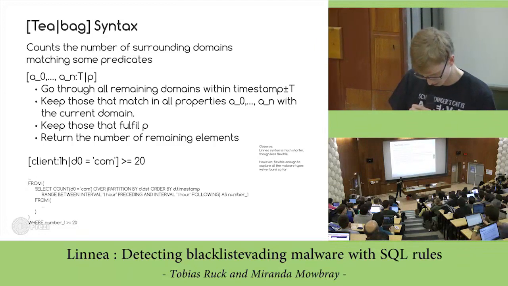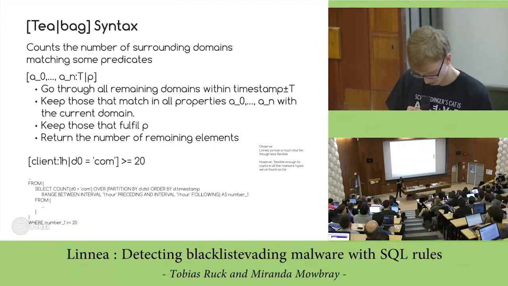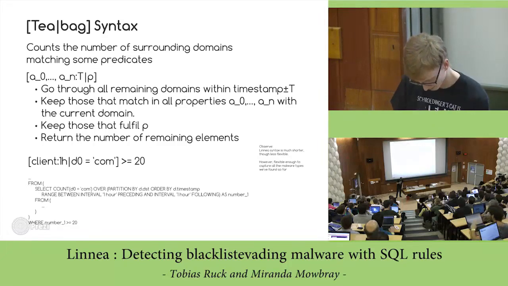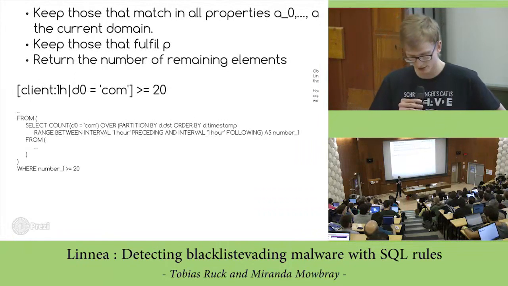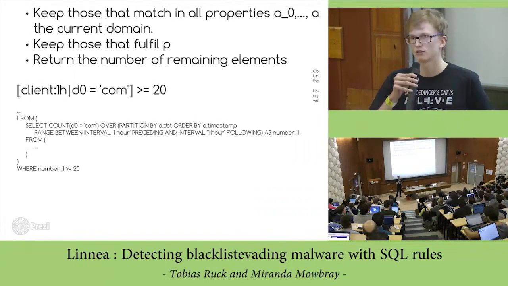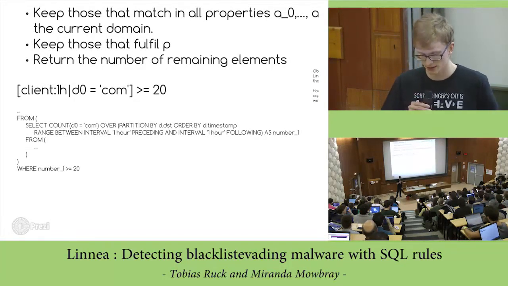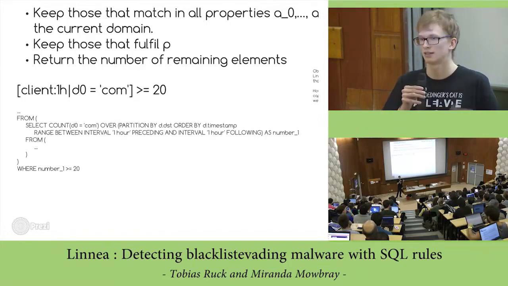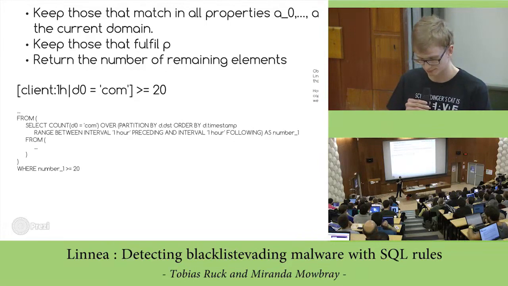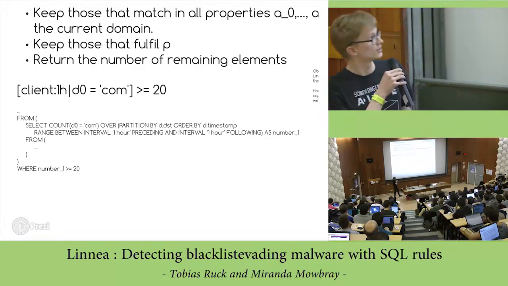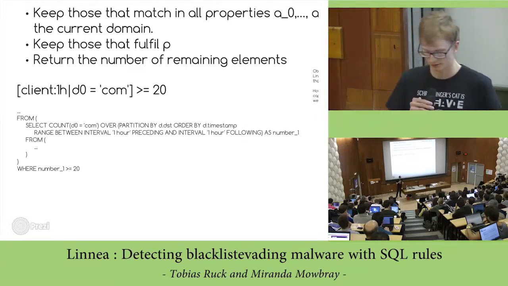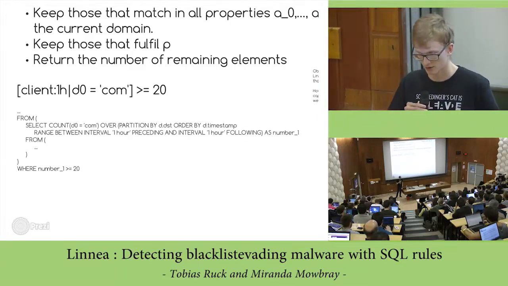As an example, this syntax here says that there should be at least 20 domains within 1 hour forward and preceding per client that have the suffix .com. So if we compile this to SQL, you can see that it's a lot more complicated.